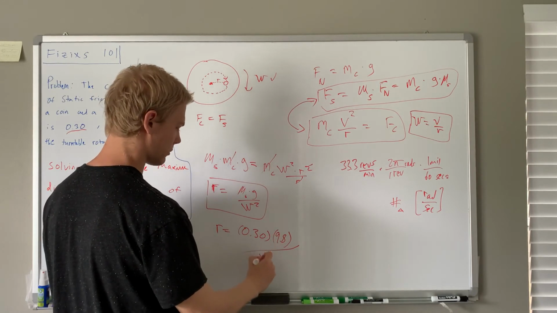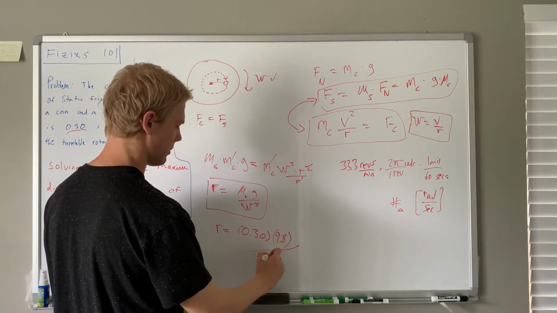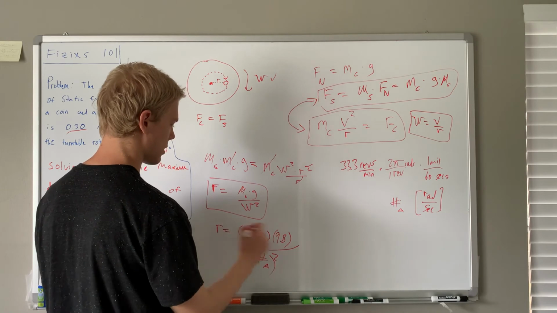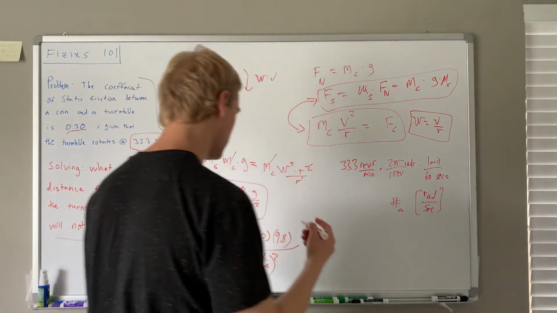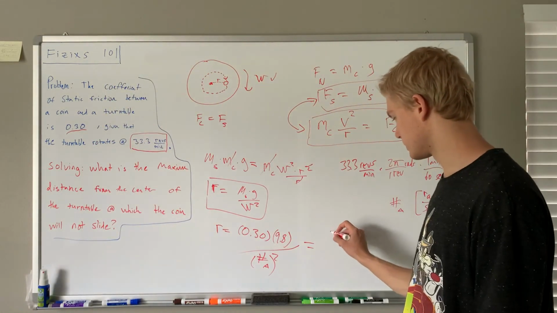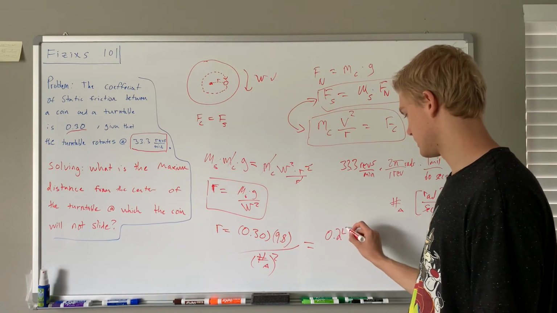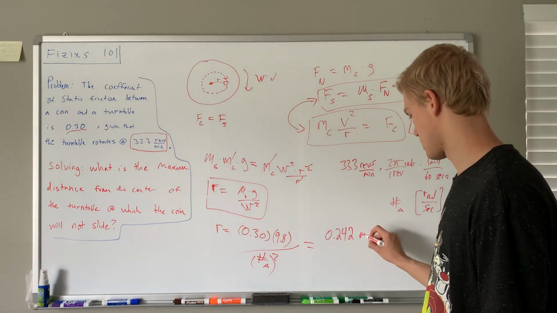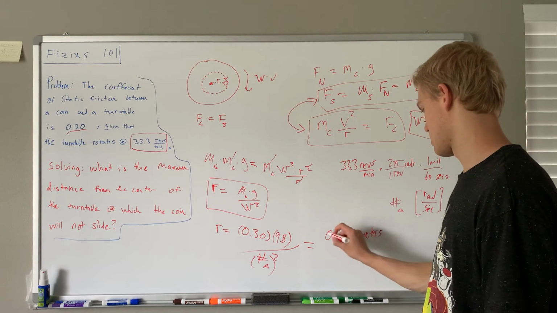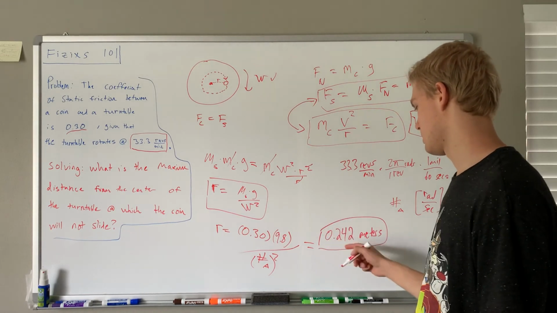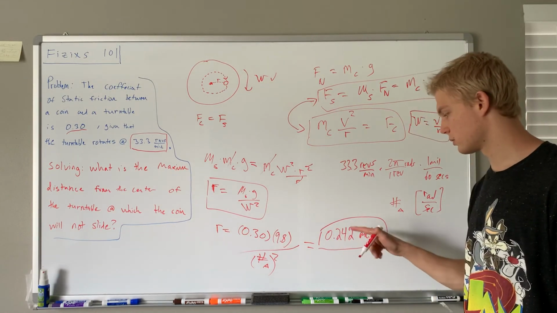So it's going to be divided by number A squared.